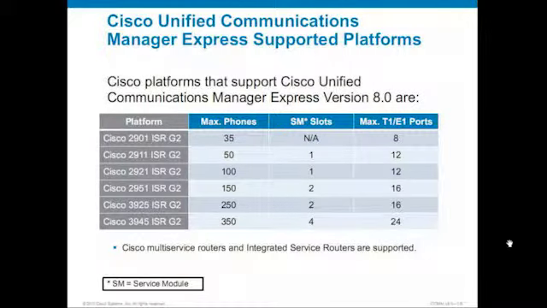Additionally, these routers can be equipped with voice WAN interface cards or enhanced high-speed WAN interface cards that provide trunking capabilities over to the traditional public switch telephone network. Now compare, for example, the 3945 ISRG2, which supports up to 350 phones, with the older 3845 ISR, which only supports 250 phones. There is much more horsepower built into these newer routers.